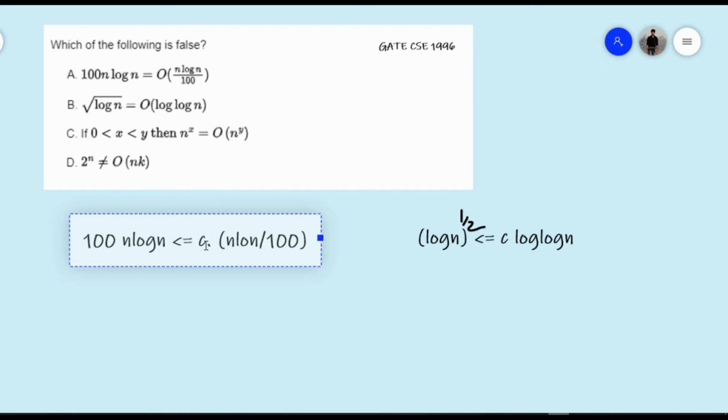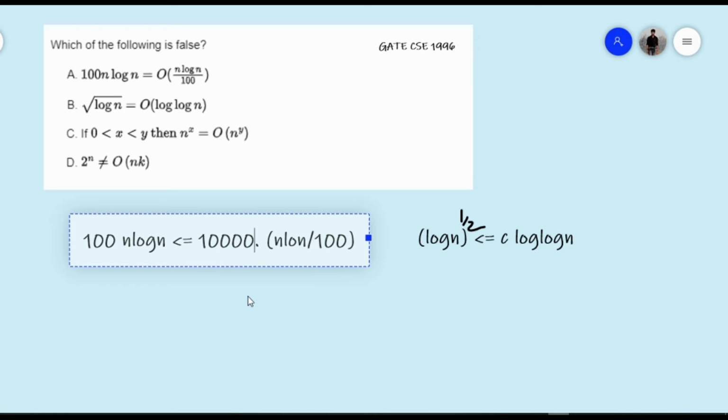Suppose here if we take in place of c 1000. Because of 1000, what will happen here? This will become 10 n log n. Let's take one more zero, so it will become 100 n log n.